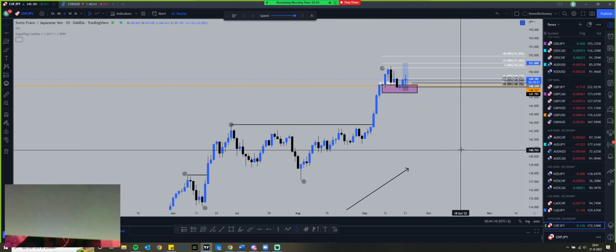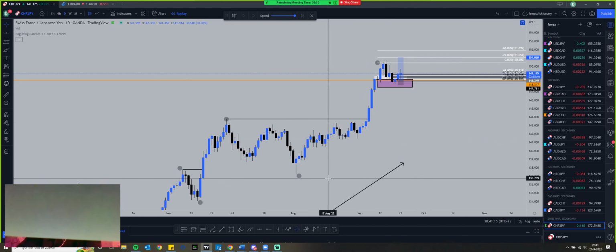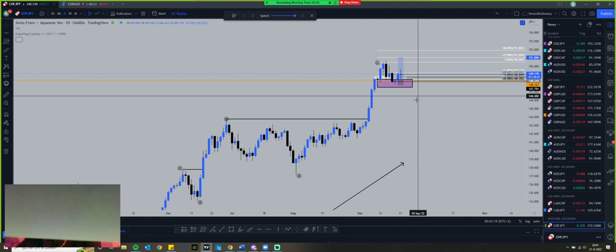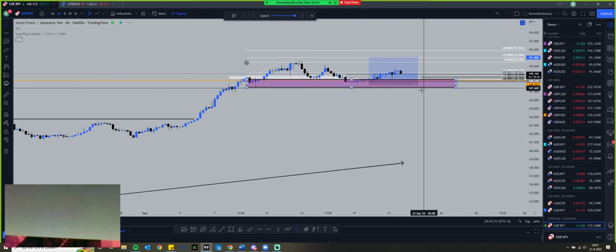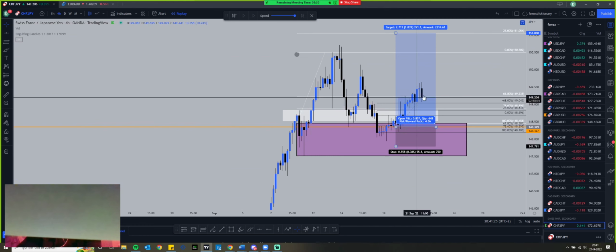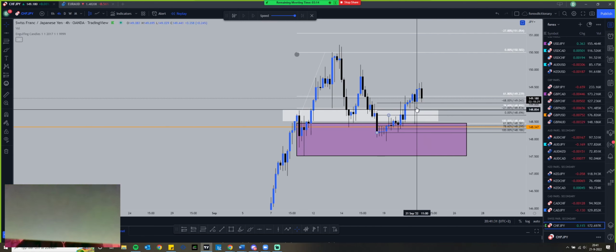And that's the power of the higher time frame, because the higher time frame is a stronger driver. On the higher time frame we are moving up, up, up. I'm not saying we're going all the way up, but as I said, that's the power of the higher time frame. So it looked like a nice short from here, but in the end, we went all the way back up.